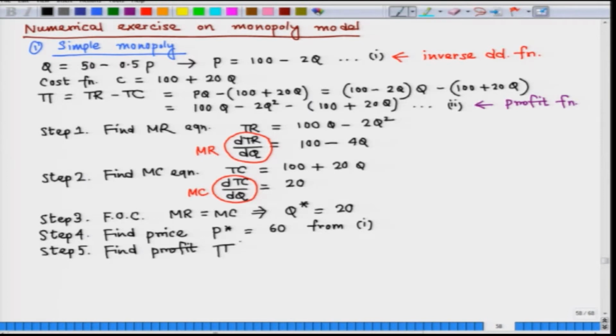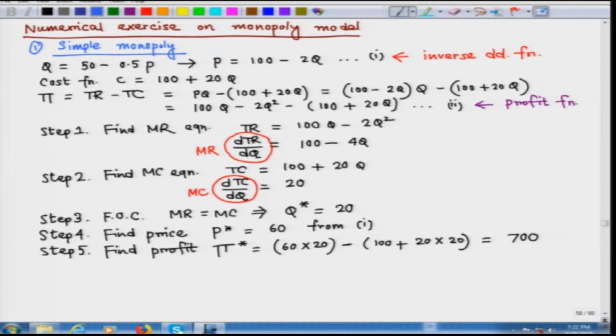As I am plugging the optimized values of q and p in the profit expression, I write optimized profit or maximum profit pi star as 60 times 20 minus 100 plus 20 times 20, right, and we get a profit level 700. Okay. So, we have obtained the profit figure of the pure monopolist in our example.